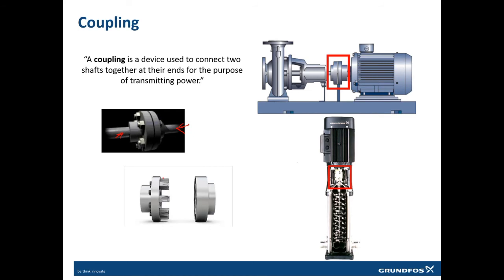They have different benefits, different drawbacks, but they do one and only one thing: to join the shaft of the motor to the shaft of the pump. So to join both of them, you use a coupling in between. If you decouple the pump, the motor will be rotating, the pump will not rotate. So to make sure that when the motor is rotating the pump is rotating, you need to couple the pump, which is done by this coupling.